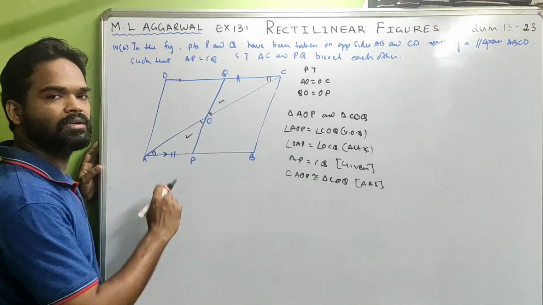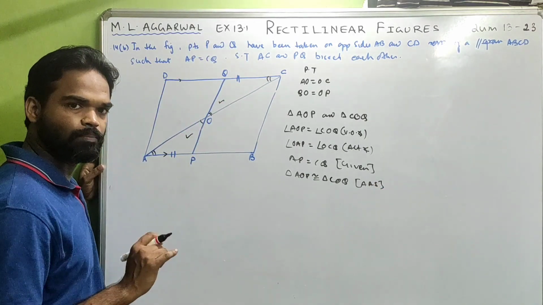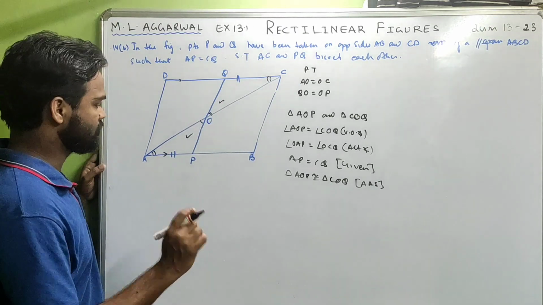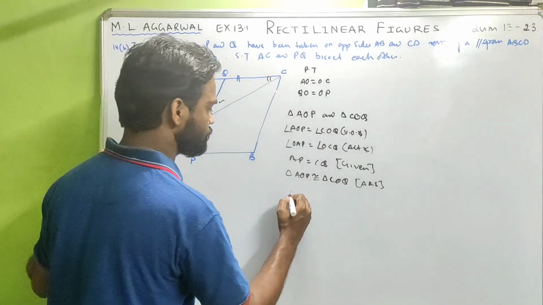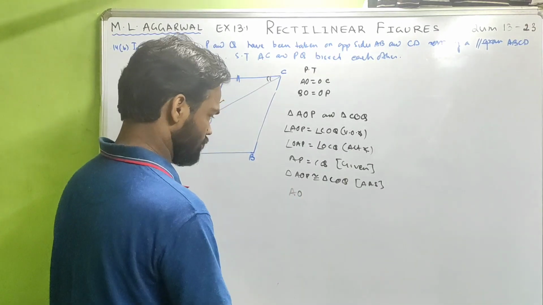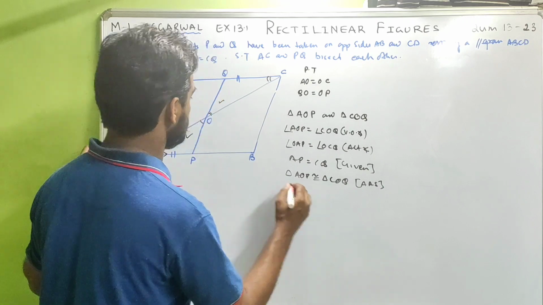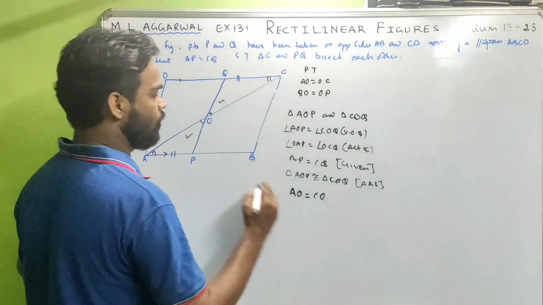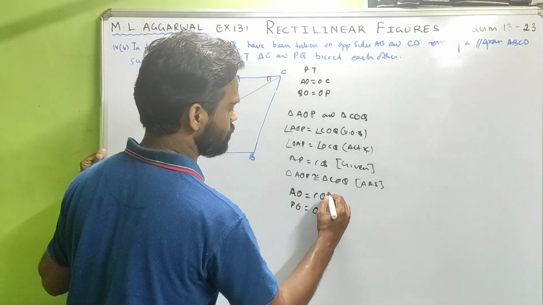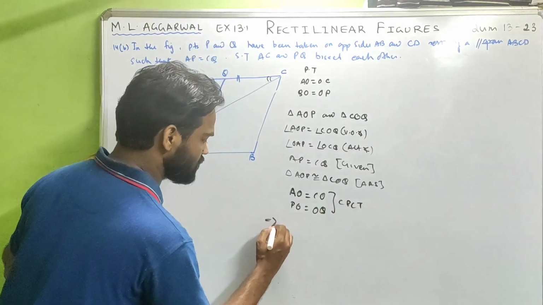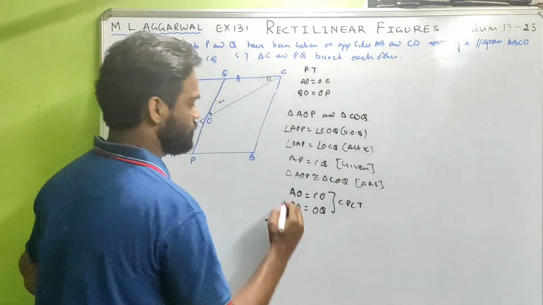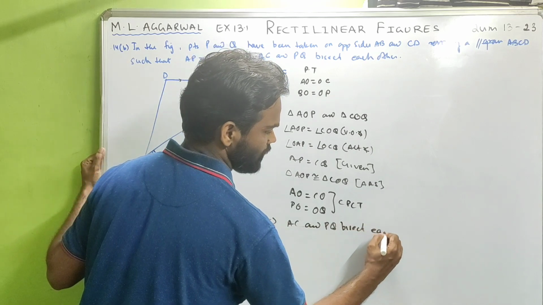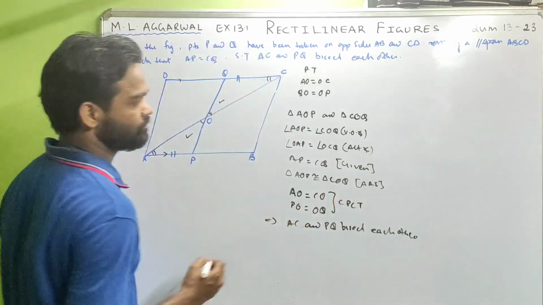And once these two triangles are congruent, the corresponding parts will be equal, which means I can say AO is equal to CO and PO is equal to OQ. This is CPCT, which simply means AC and PQ bisect each other.